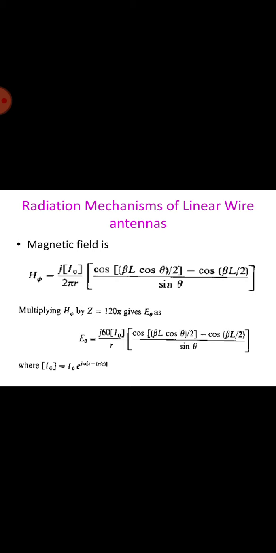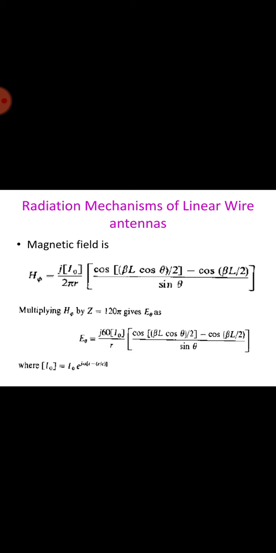Further, by reducing this equation, we get H phi is equal to j I naught sin theta e power j omega t minus beta r by 2 lambda r into the integral values.